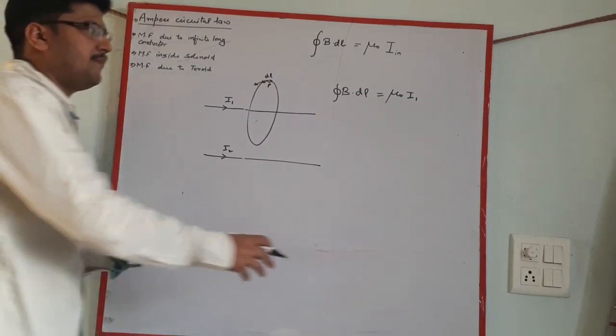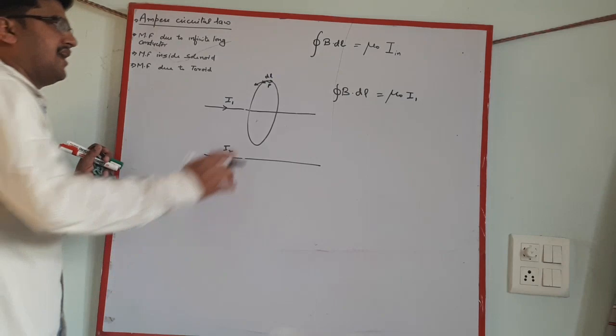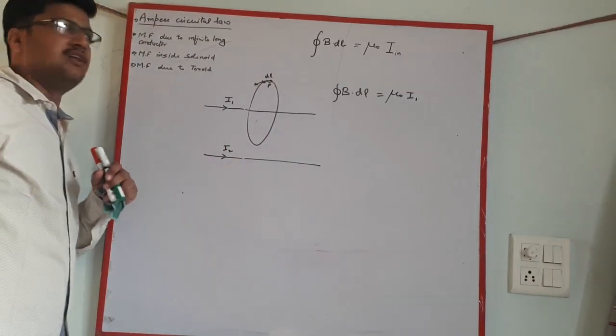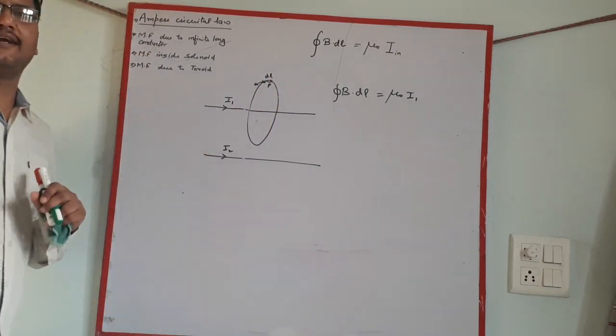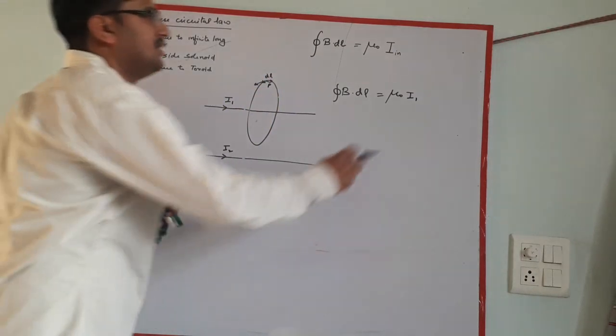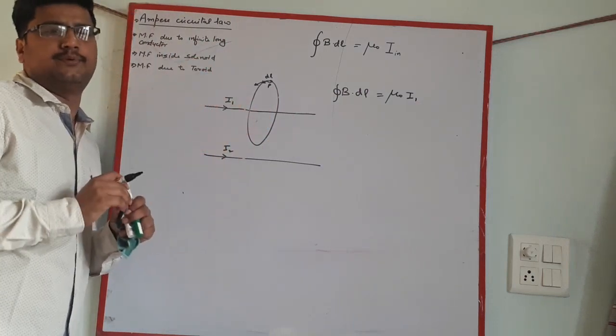I2 will not play any role in the calculation work, but that doesn't mean that the magnetic field is solely because of I1. This magnetic field is because of both I1 and I2, but the formula includes only the currents which flow through the loop.